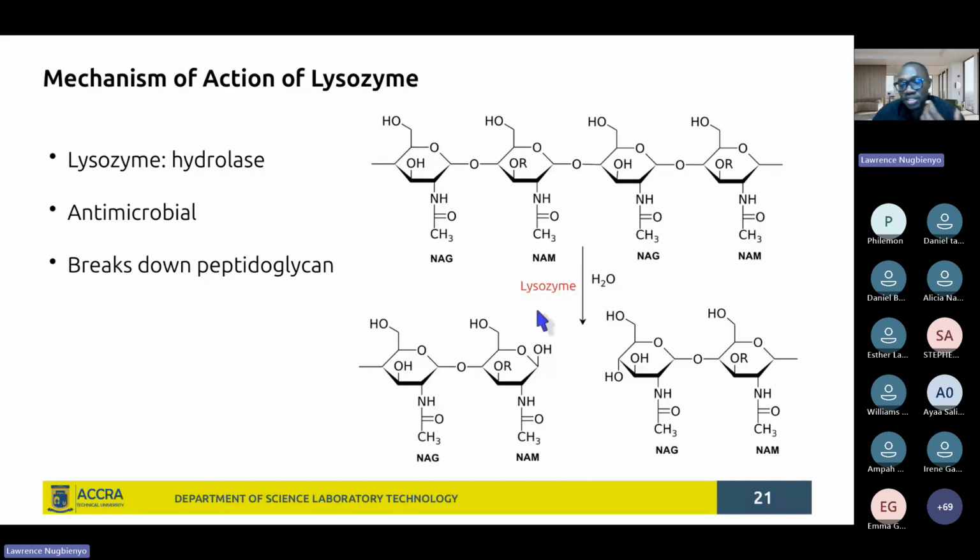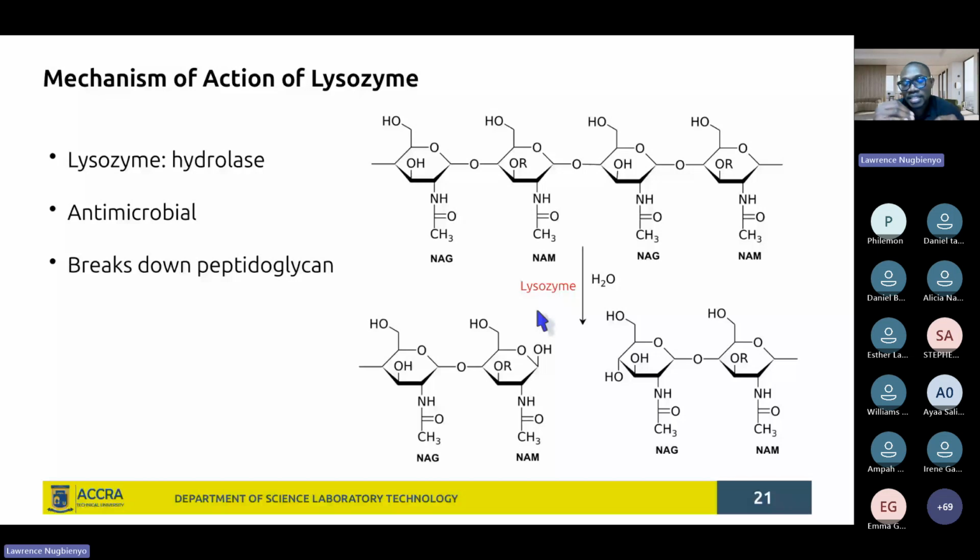Now, by what action does lysozyme act? So if you take bacteria, a major component of the cell wall of bacteria is peptidoglycan.